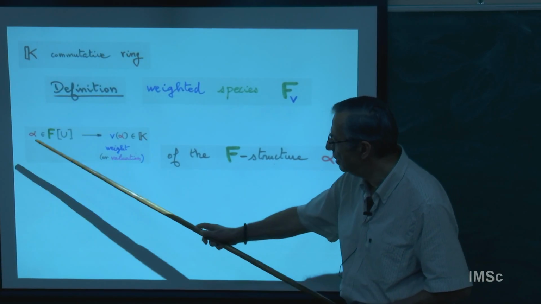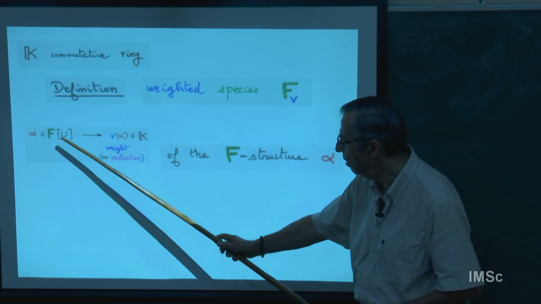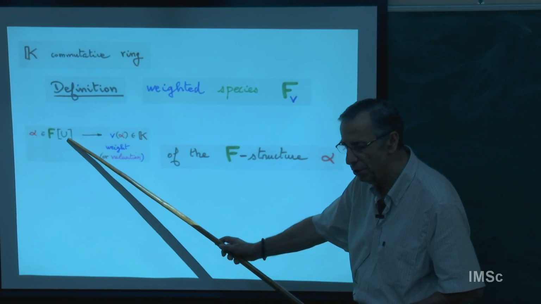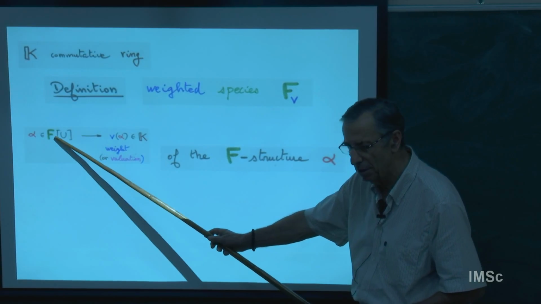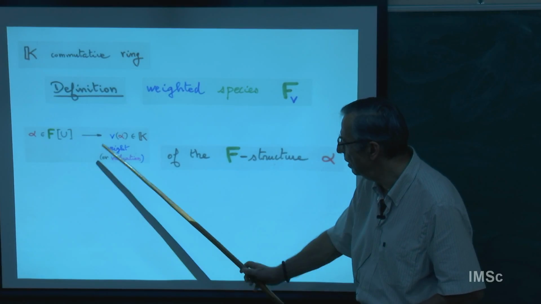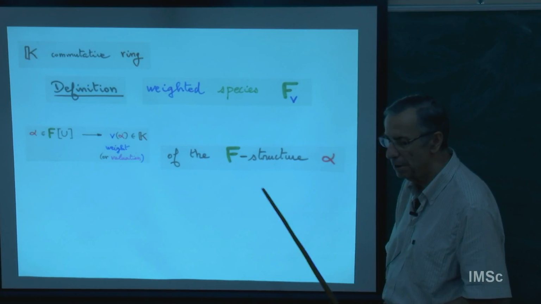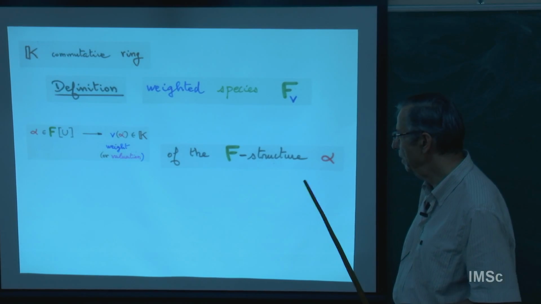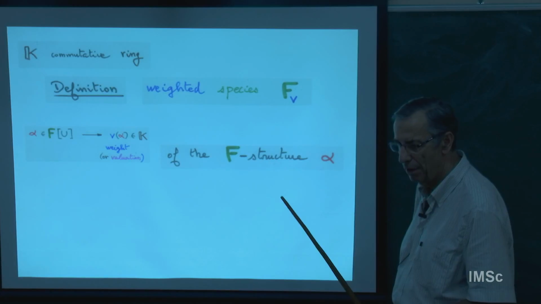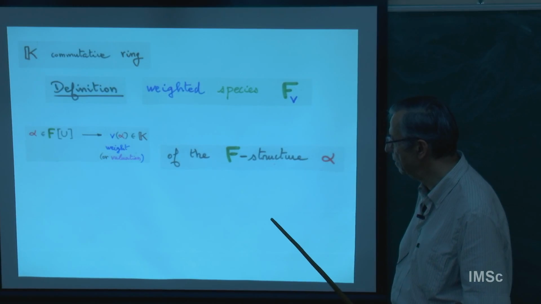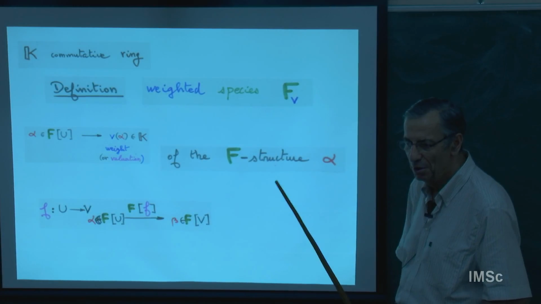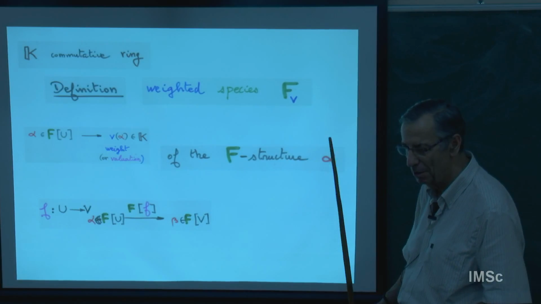Then for each element in the F structure, with U the underlying set, I take a structure F on U, and to each element alpha I put a weight, which is an element of the ring. It's a weight on alpha, which is an F structure for the species F, and then there are a few axioms which must be compatible with the axioms of species.